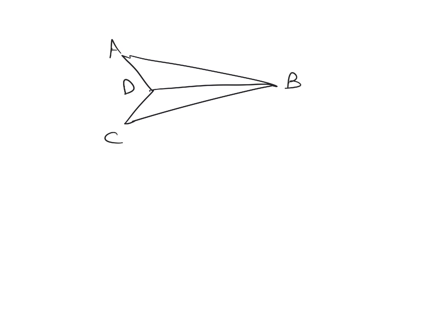All right, looks like a paper airplane. And we have A, B, C, and D. And the given part, angle A is congruent to angle C. And then it says DB bisects angle ABC.